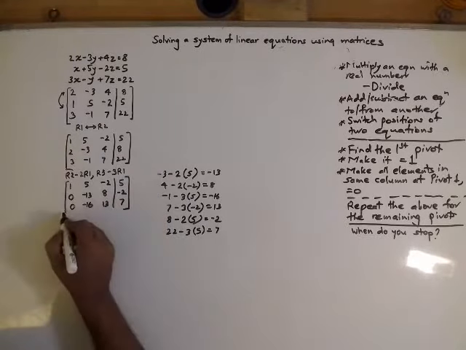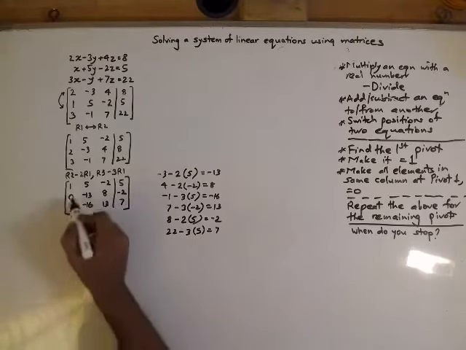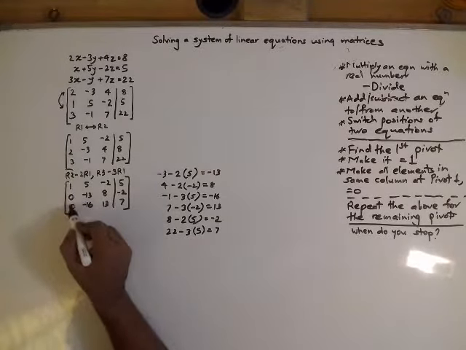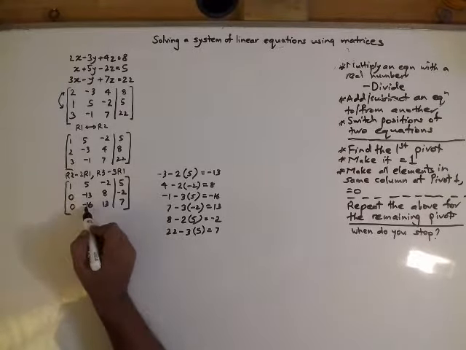Very good. So we got these two. We got the first pivot equal to 1 and the remaining elements in the same column equal to zeros.